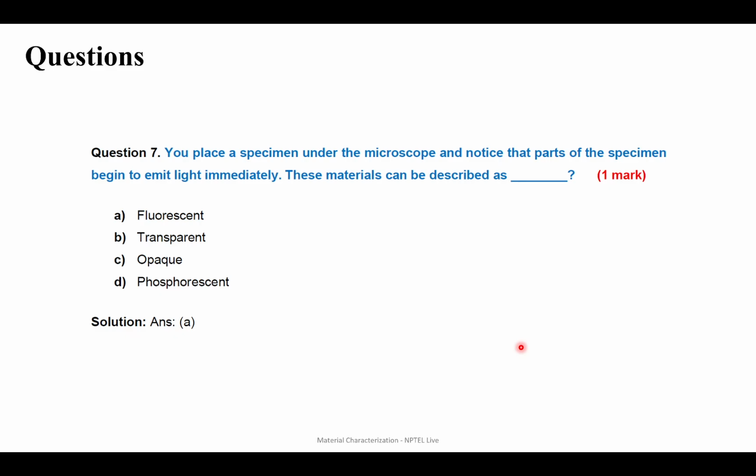So when you start shining light, your specimen starts charging up. It does not start emitting light immediately. It charges up, and slowly it starts emitting light. And when you stop shining light on it, it will still continue emitting light for a very long time.